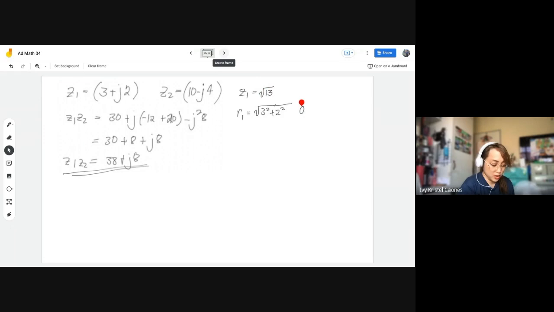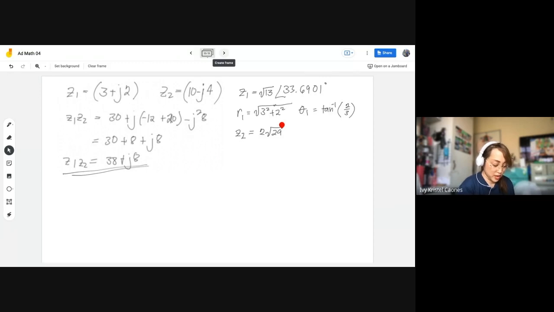So that is 9 plus 4, square root of 13. Then theta 1 is arctangent of negative 2 over 3, which is negative 33.6901 degrees. Then Z2: R2 is square root of 10 squared plus 4 squared. 10 squared is 100 plus 16, 116, or simply 2 square root of 29.